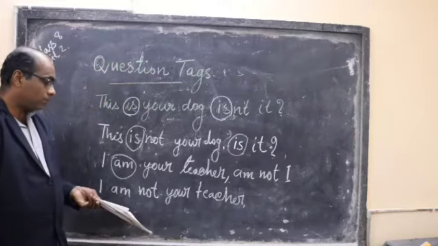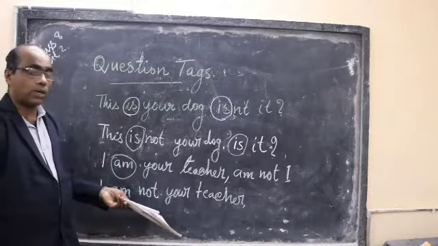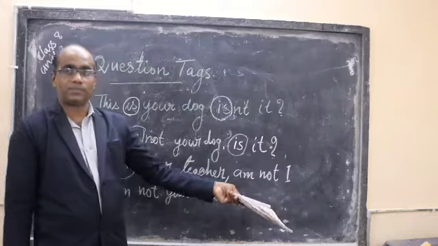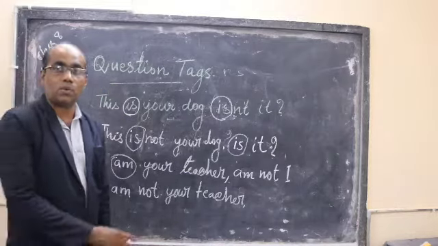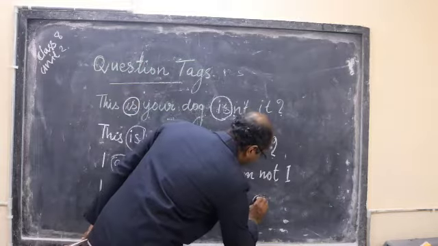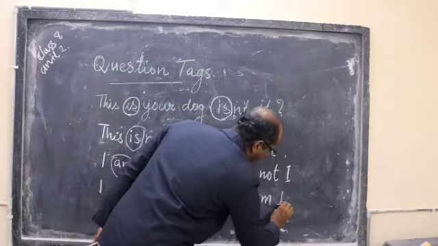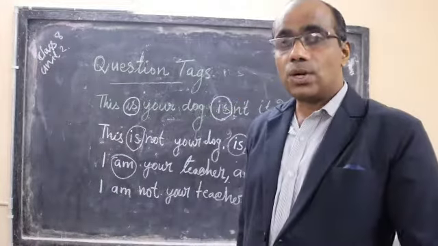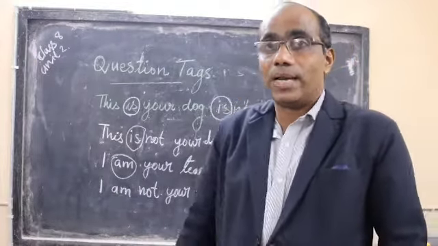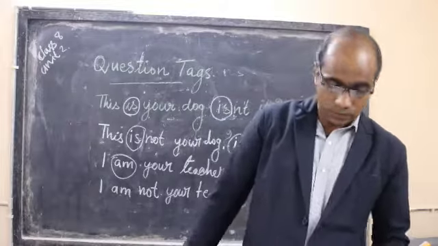How it will come? It will be a positive. It will be positive here. Then I am not your teacher. Then how it will end up? Am I? Am I? So very clear now. Very clear to you. So doing the other exercise, surely you will be understanding them.